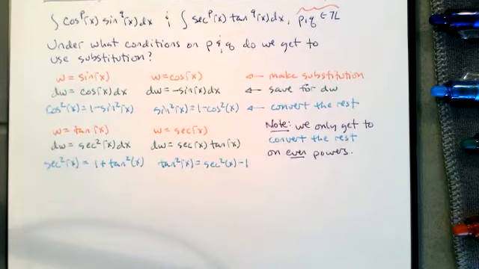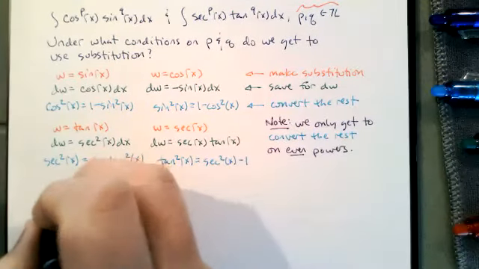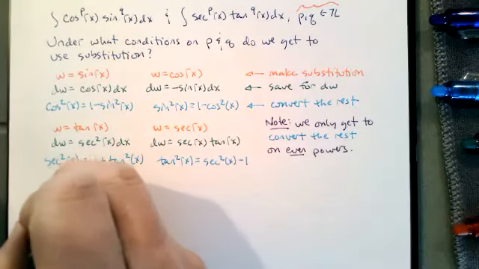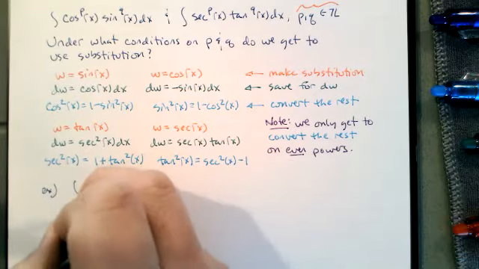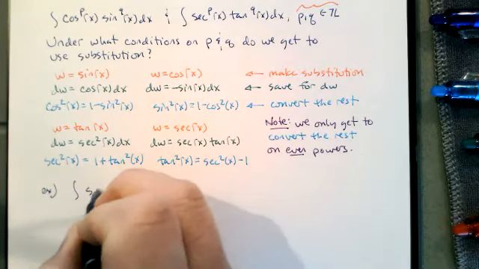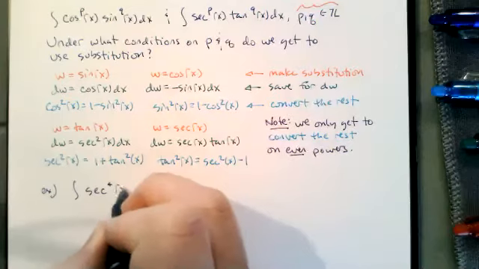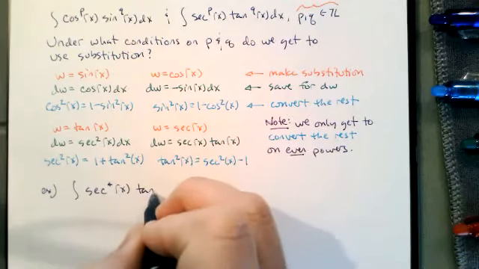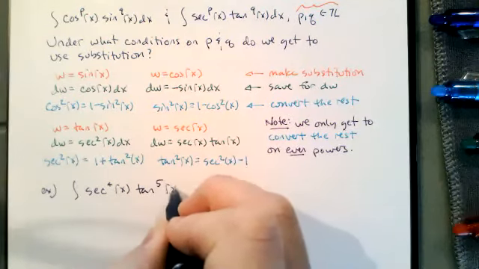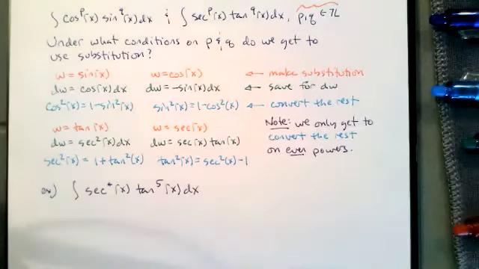We did an example yesterday, so let's recall this example from yesterday, where we had secant, I think it was to the fourth, and tangent to the fifth, x dx. In this case, we can make the substitution W equals tangent because we have an even number of secants.